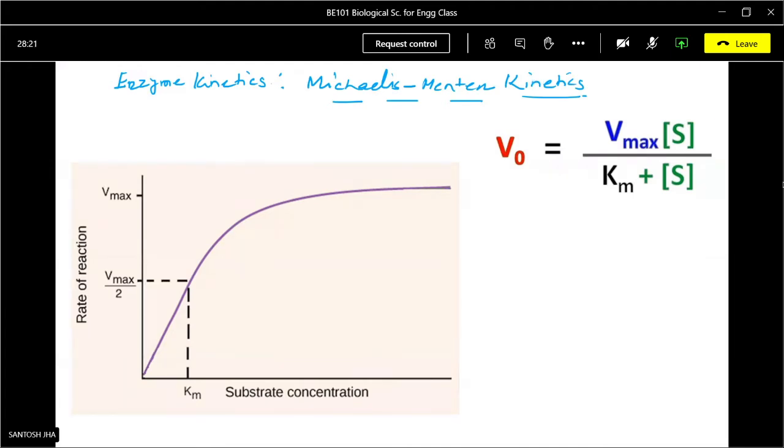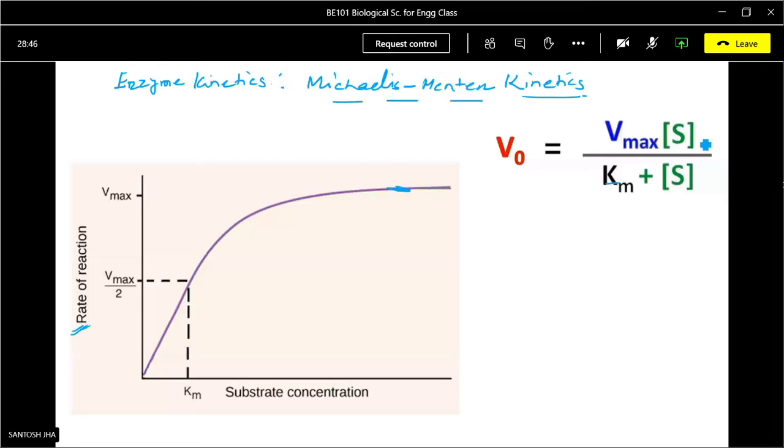So mathematically, this kinetics may be explained like this. V naught is the rate of reaction, or we can say the speed of reaction. The term Vmax is the maximum velocity, maximum speed, or maximum rate of conversion of substrate into the product.